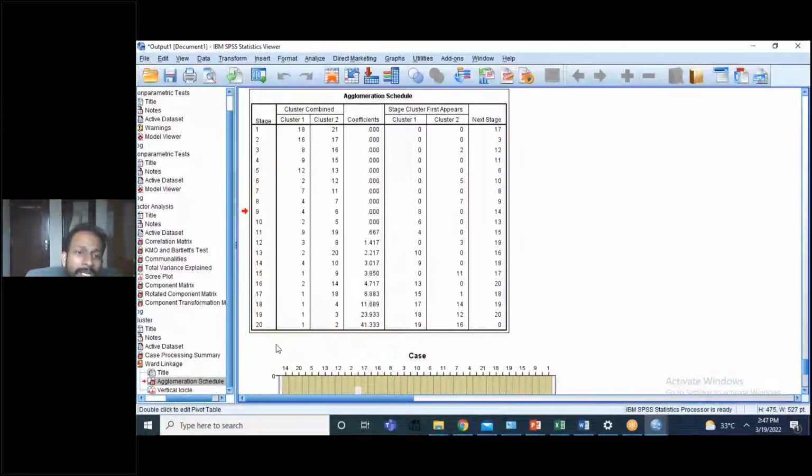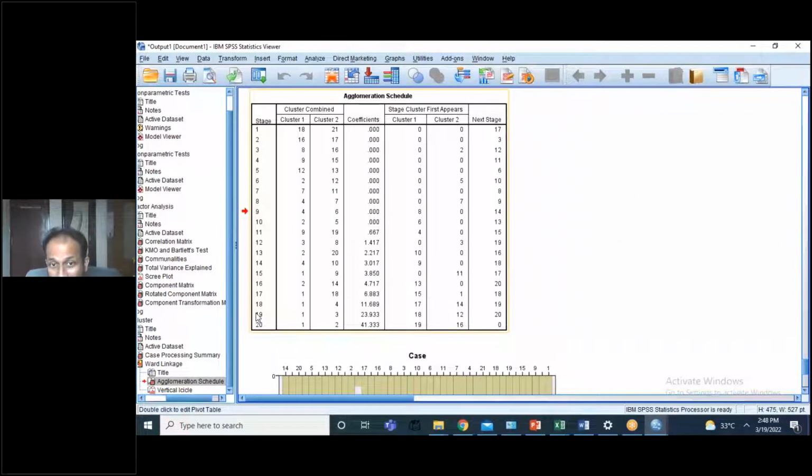And how many cases were there? It is not 20, but basically 21. So 21 minus 18, you have to subtract: 19, 20, 21. So basically 3 clusters.